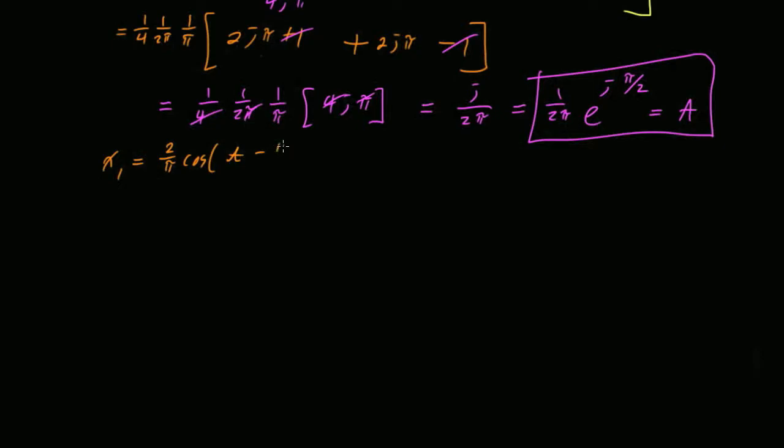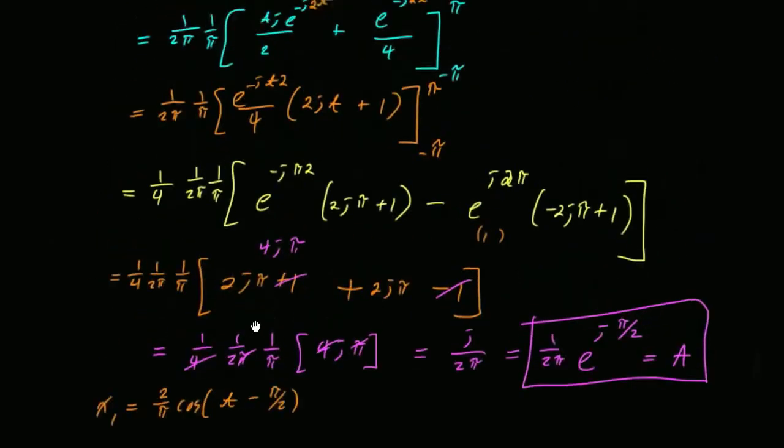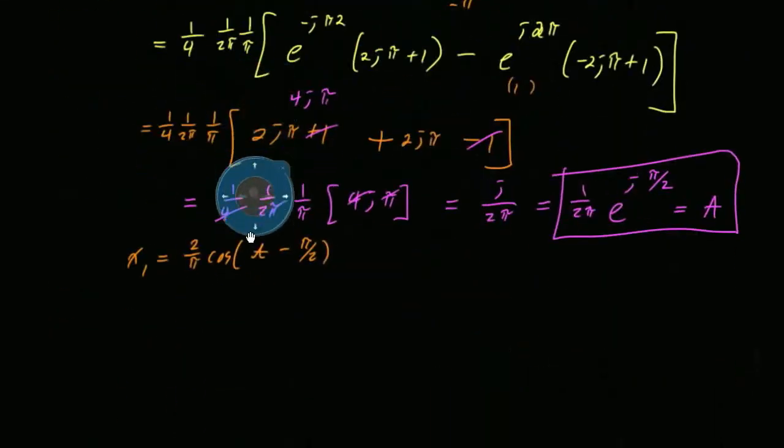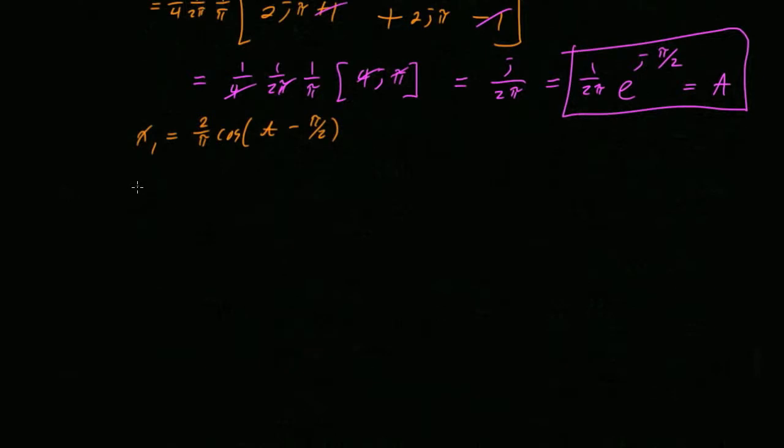Okay, so now we said how much omega equals 2 is in x of t. And the answer is a equals 2 over pi e to the j pi over 2. And if we were to write that as a cosine, we would get 1 over pi. Is that right? No, 4 over pi. Wait, what?